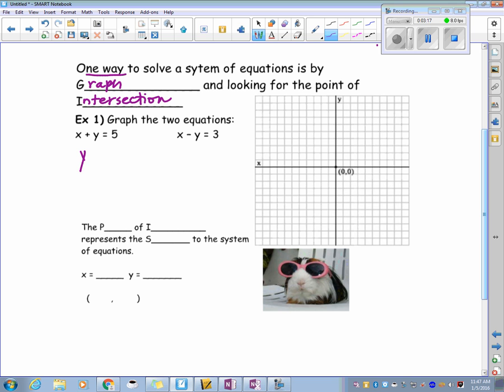So it's negative x plus 5. So I would graph this one by graphing the y-intercept 5 and the slope of negative 1 for this line.